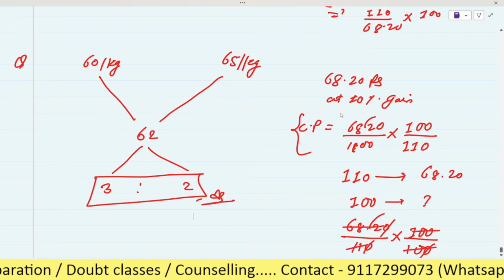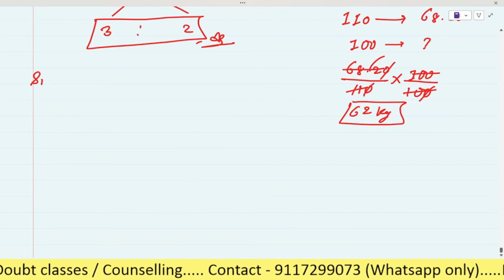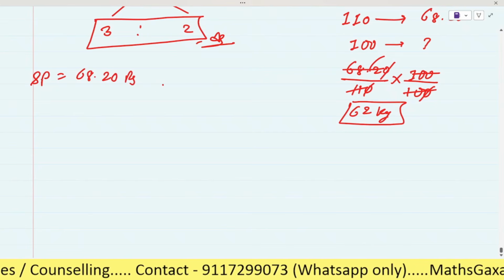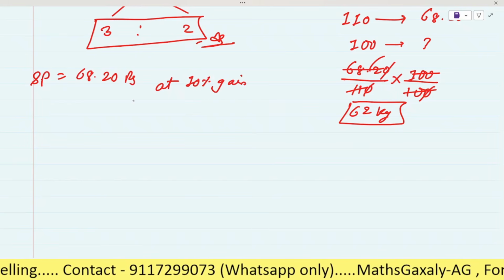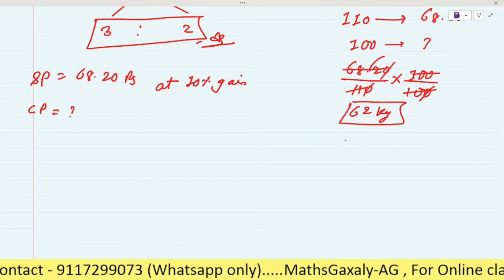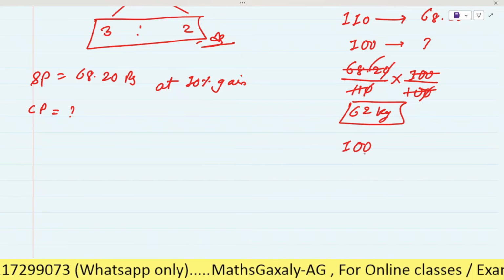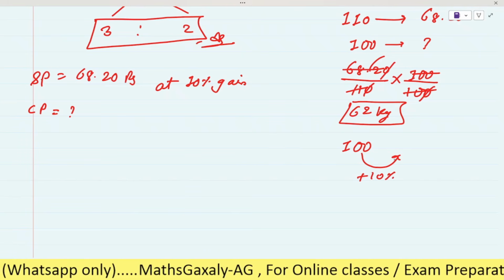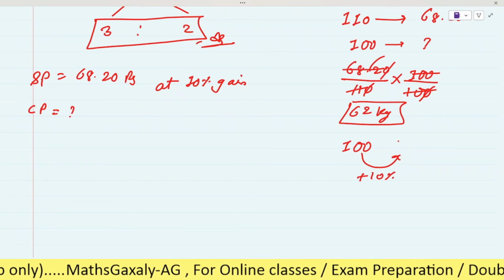How do you get 62? Here, as it's saying, the selling price is 68.20 rupees at 10% gain, right? We have to find the CP. Suppose a product whose cost is 100 rupees, we are selling it at 10% profit, then what will be the selling price? 110.